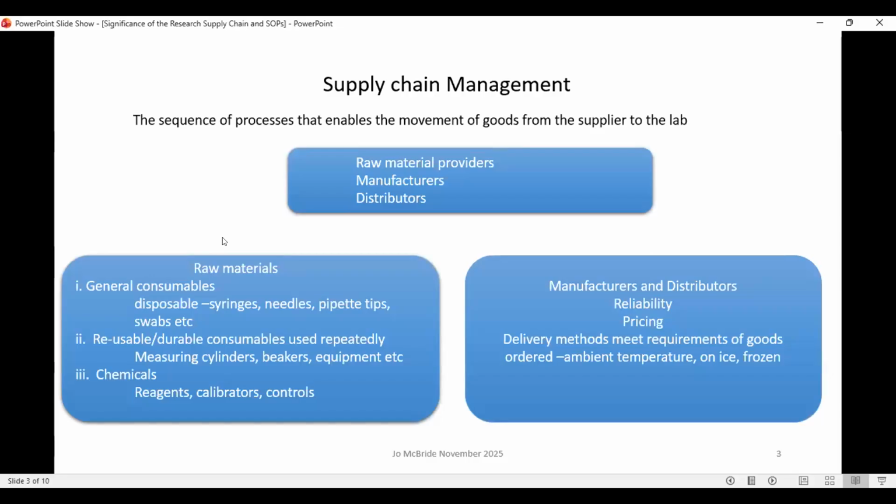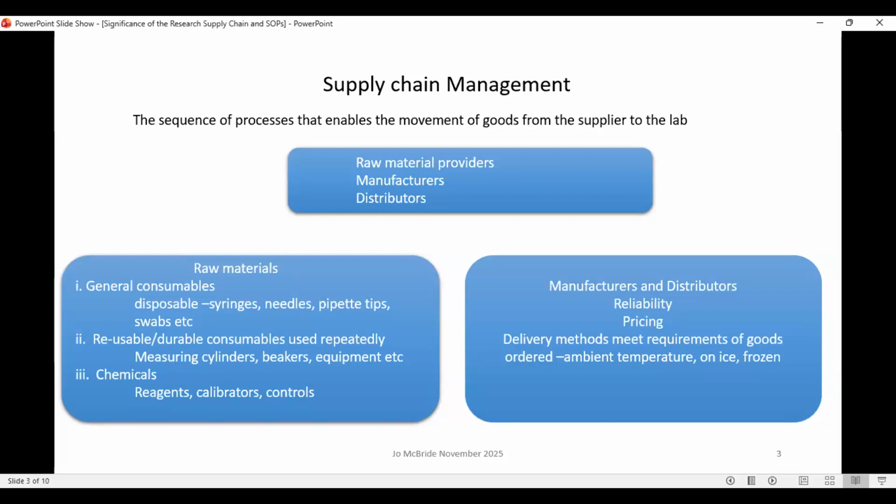So when we look at the processes that enable the movement of goods from the supplier to the lab, we're looking at the raw materials, who's going to be providing them, the manufacturers, and the distributors.